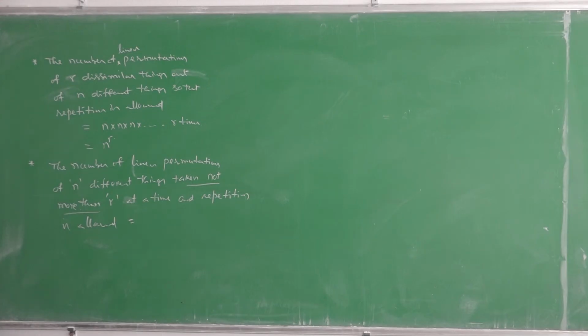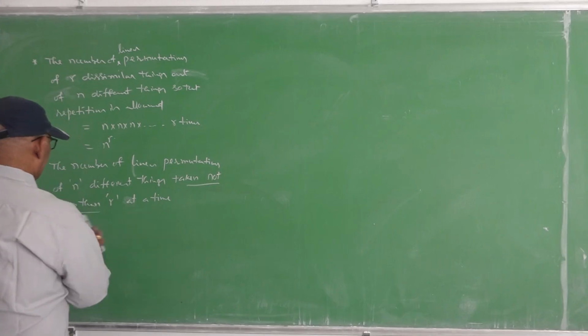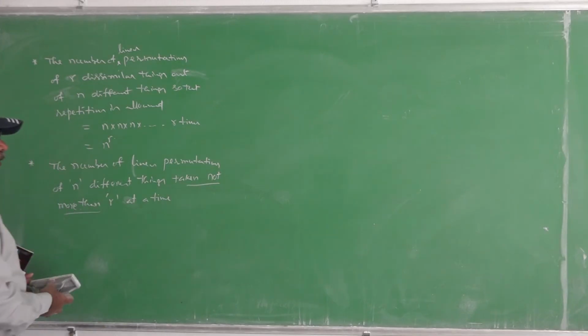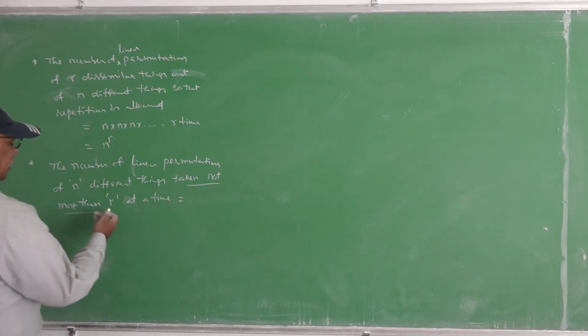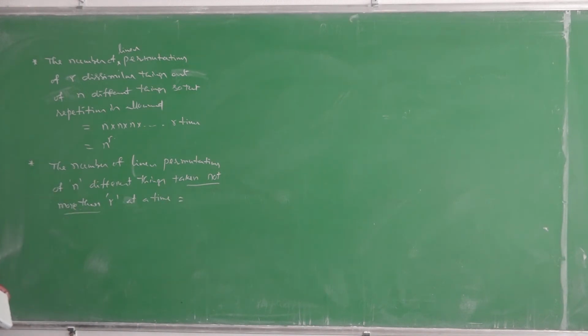Not more than r at a time means, first, if repetition is not allowed, you can arrange one thing, two things, three things, like that. You can arrange r things taken out of n different things.